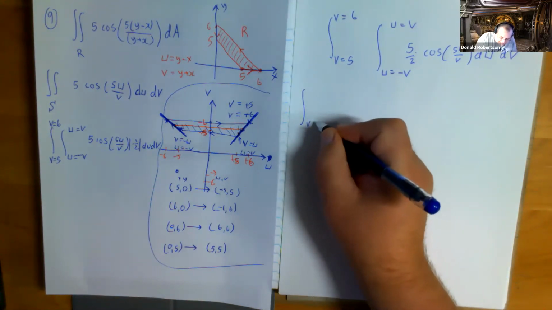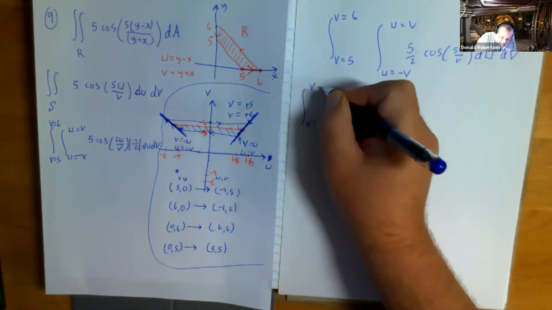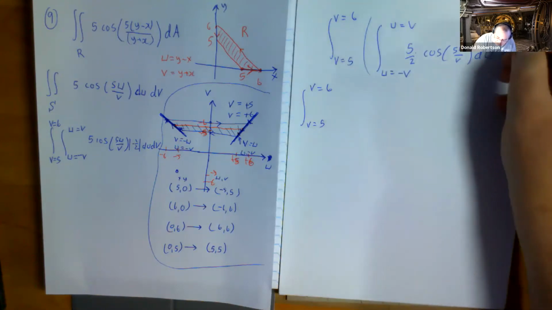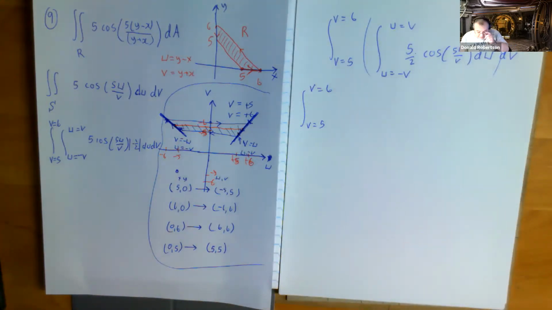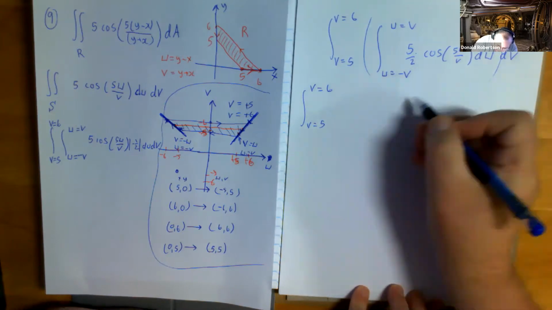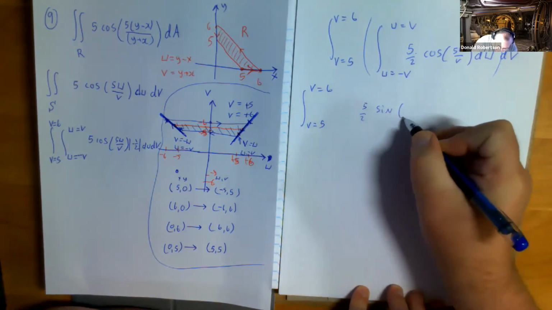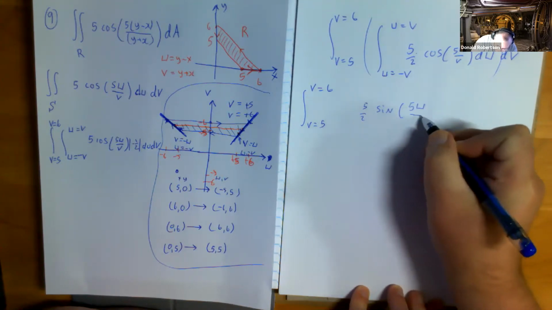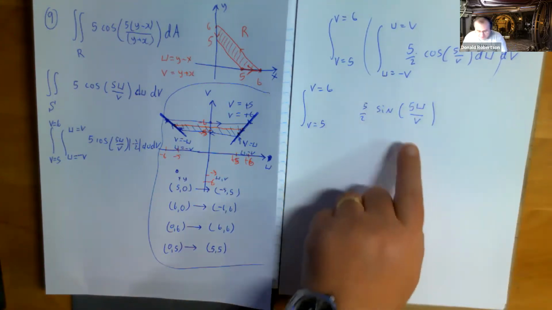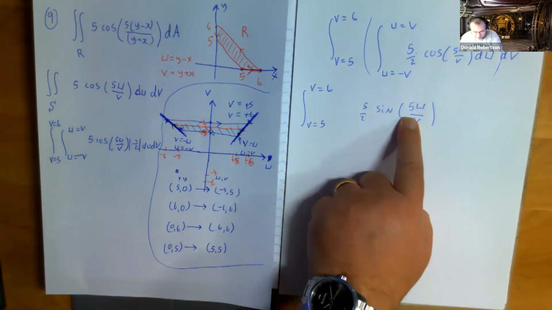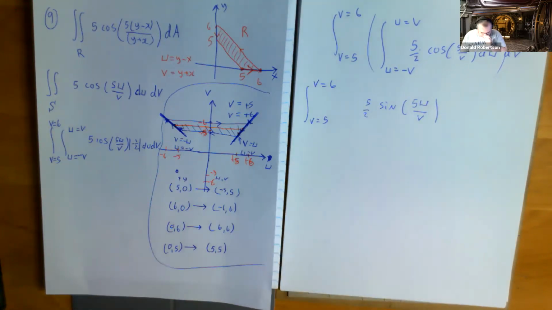Let's take it one more step. Let's do this one here. And I'll try and make sure I get it right this time. It's 5 over 2, the sine of 5u over v. And what does this get us with respect to u?